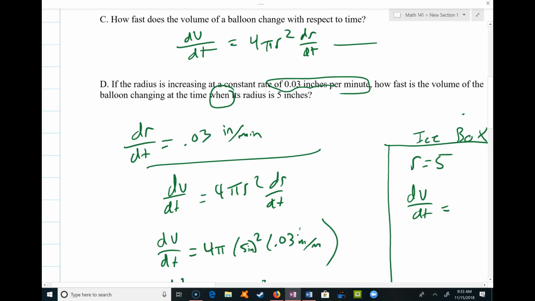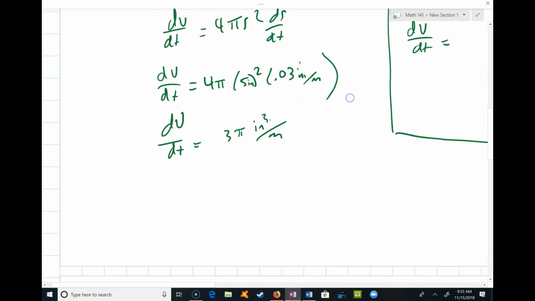And I need to relate the derivative of volume with the derivative of radius, right? So I need to write a formula that has both volume and radius in it. So then when I take the derivative, I have the rate of change of r and the rate of change of V in that equation. So they're related, right? Okay. Let's go to the next page.